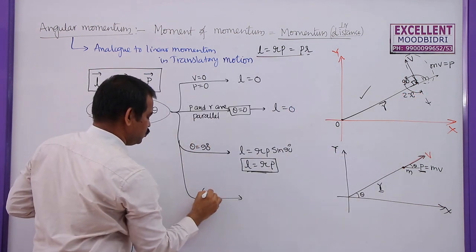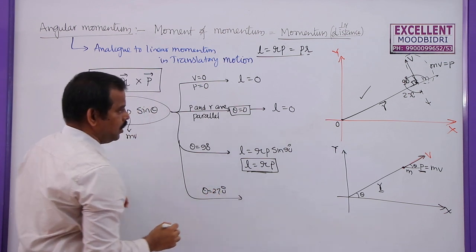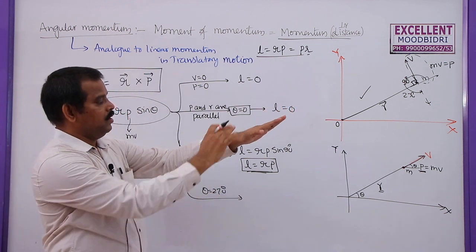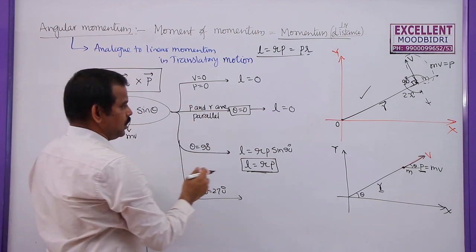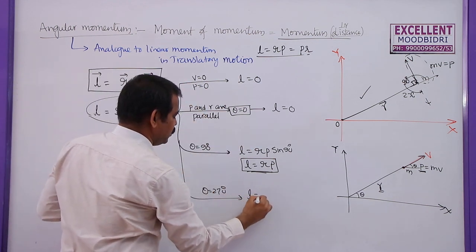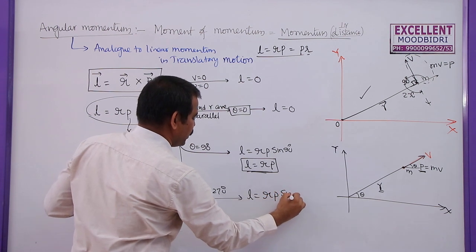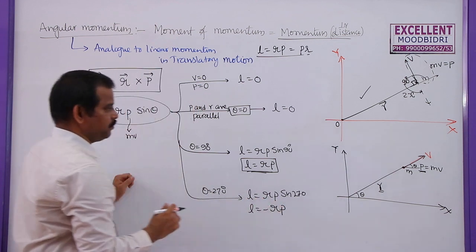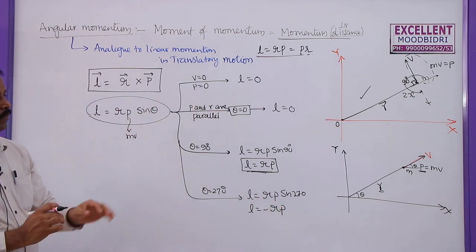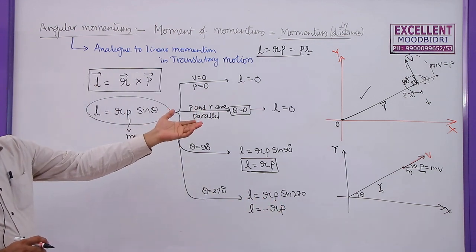We always have to measure the angle from the position vector to the velocity vector. So in this case L is equal to r p sin 270, which is minus r p.